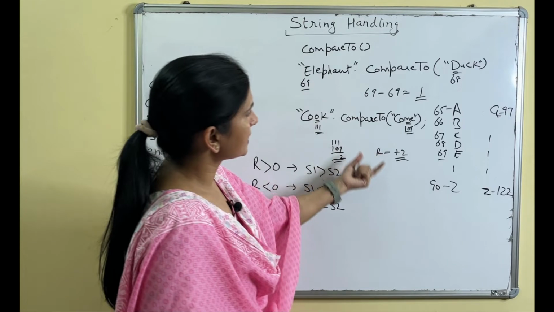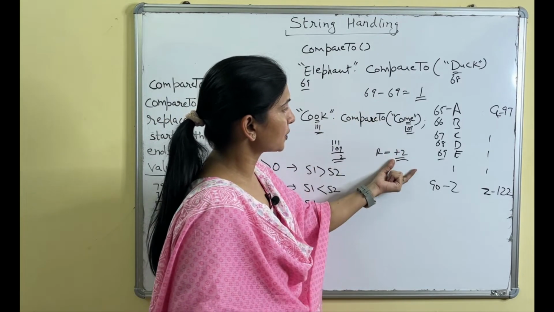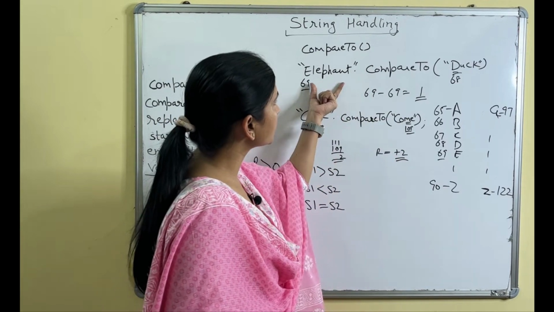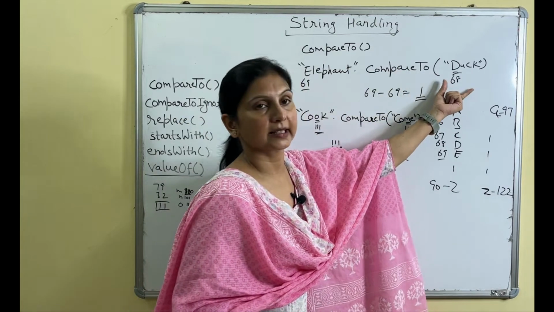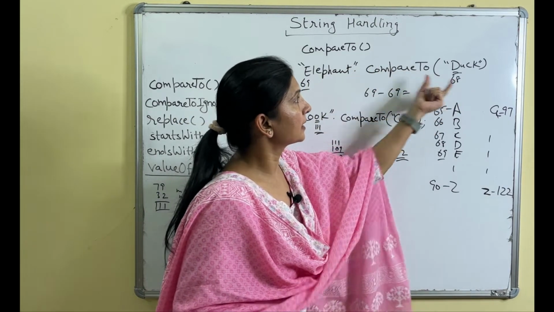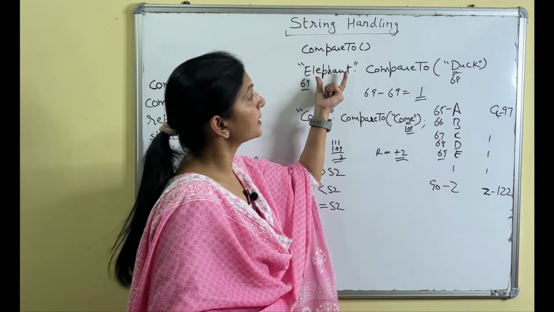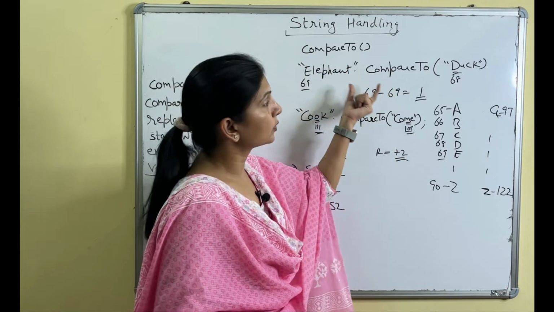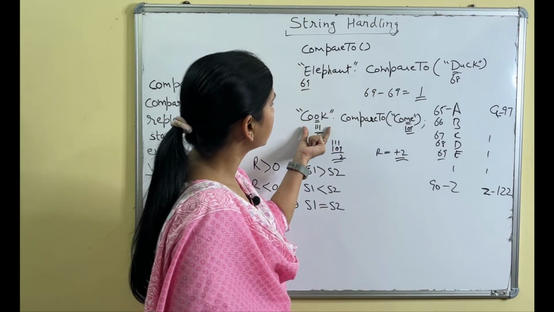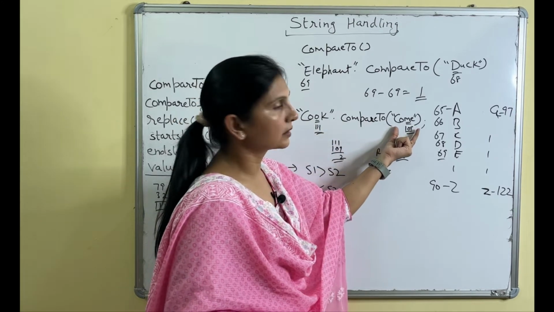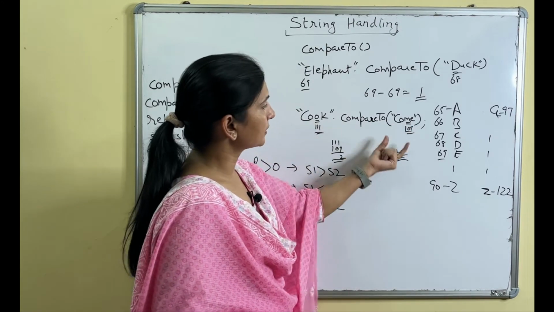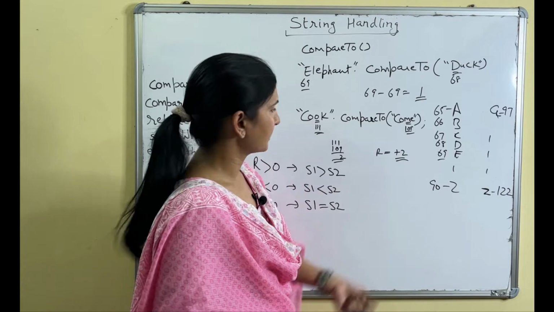So in both the cases, the result is positive, which means the first string is greater than the second string. Elephant is greater than duck, not because of its length, but because of its ASCII code difference. Here also cook is greater than come because of the positive result.